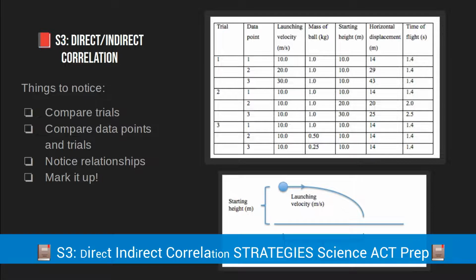It looks like our chart then turns into that graph down at the bottom. Next I would be marking it up, underlining anything. I would probably draw a line right here in between the different trials. I actually think it would have been more helpful for them to have those in three separate charts, but that's probably why they did it that way.